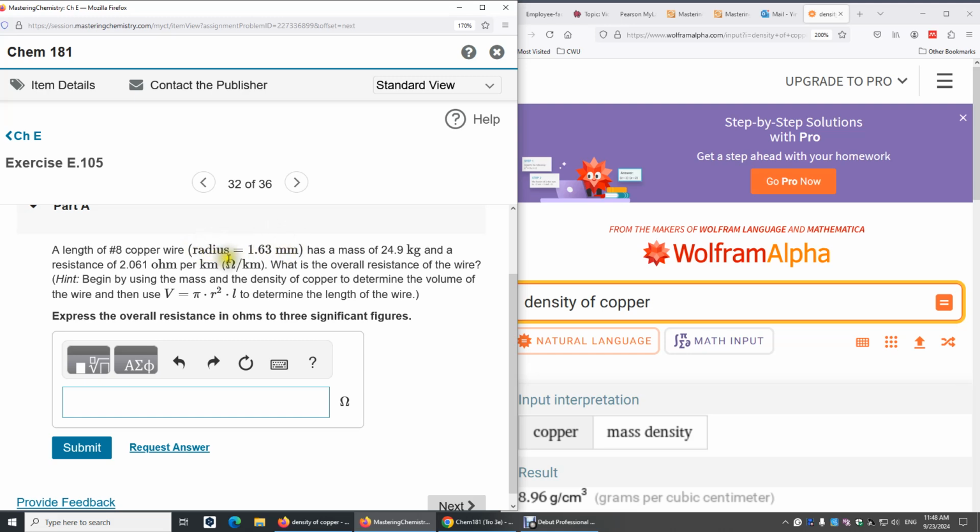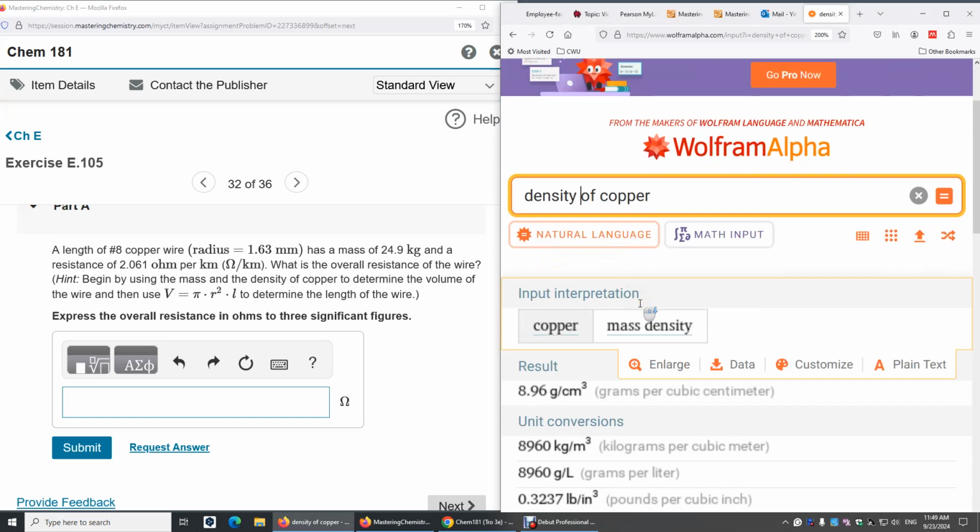Then we can compute the area of the circle, and the volume of the copper wire divided by the area of the circle will get the length. We also need to pay attention to the units because we have millimeters here, kilometers here, and kilograms. First, let's look up the density of copper.